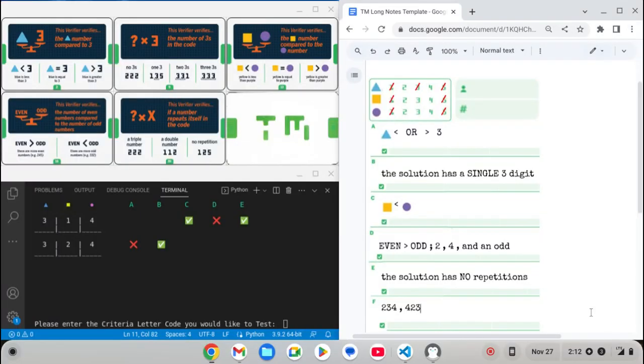Okay. Well, let's see. Is there any indication that somehow we can deduce? There's nothing that says anything about ordering. So, of course, it could be increasing or it could have no order. We've got 2 evens and a single odd, and it is 3.